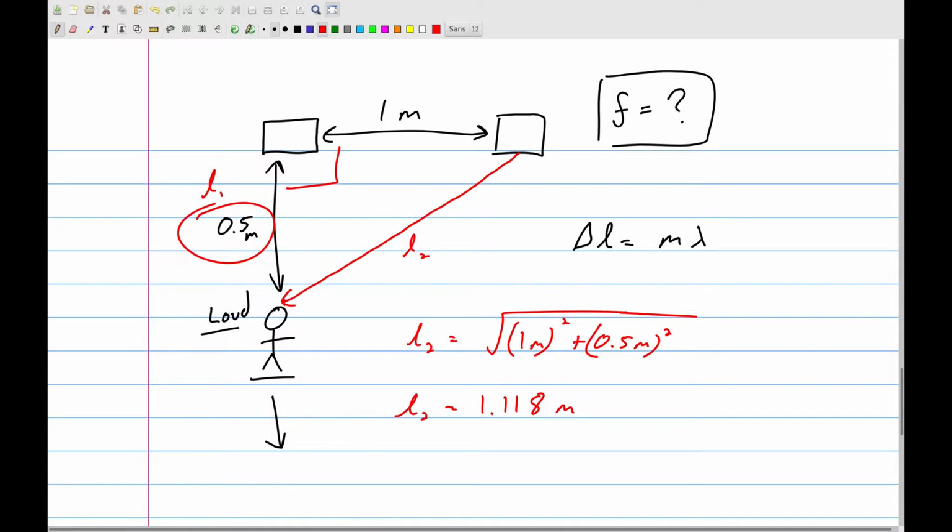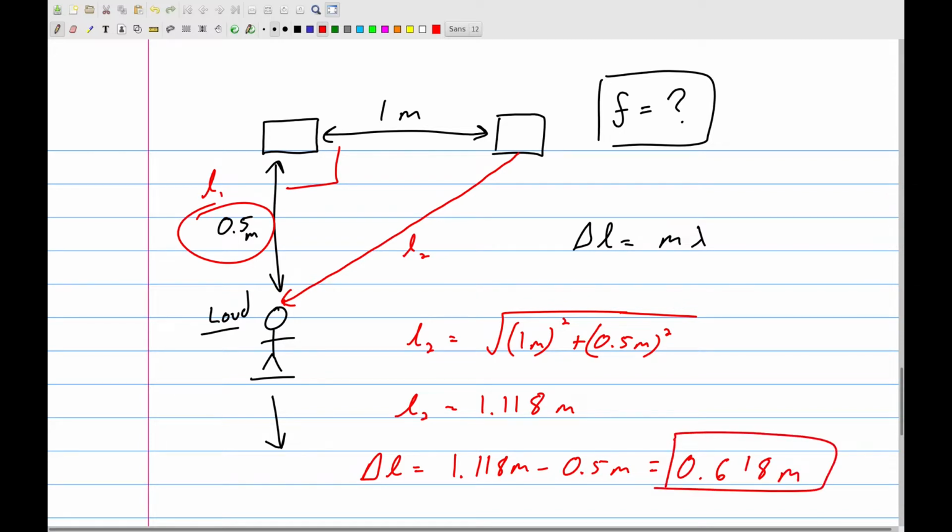Well, delta L has to be equal to 1.118 meters minus 0.5 meters. That's going to be equal to 0.618 meters. All right, so there is our delta L.